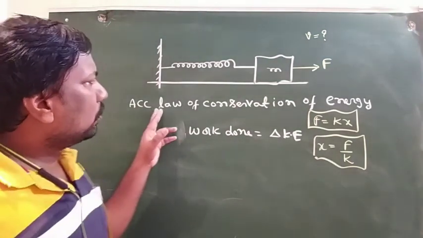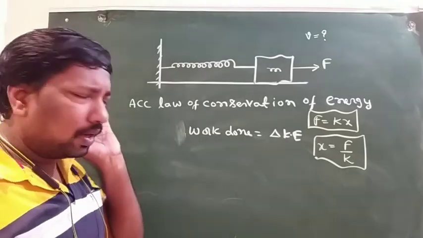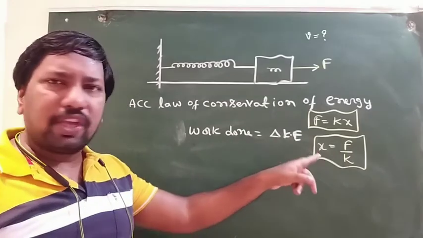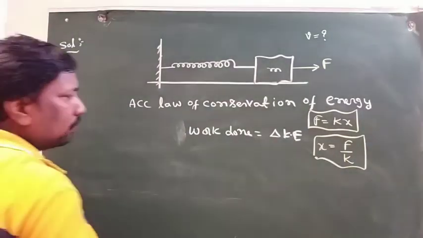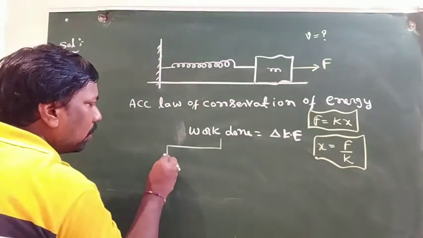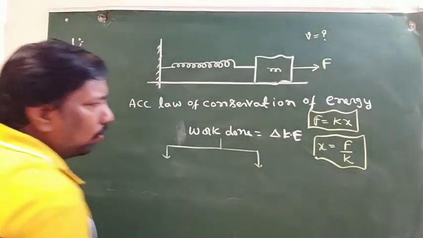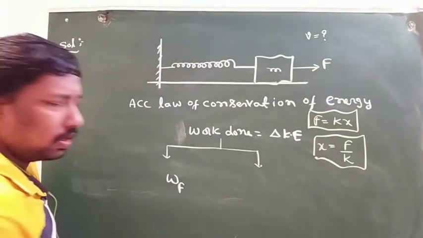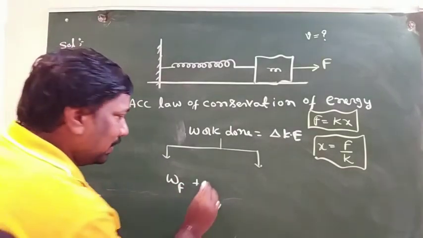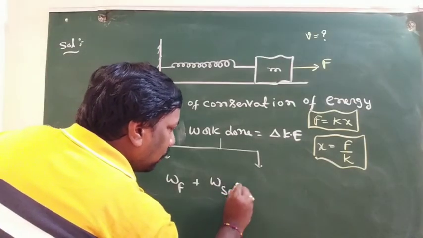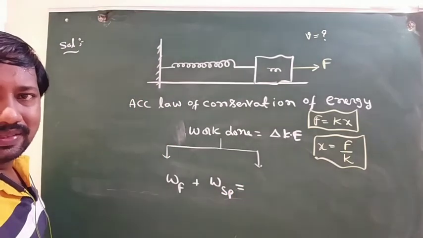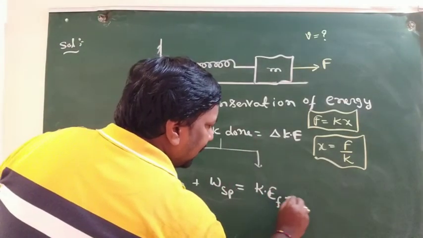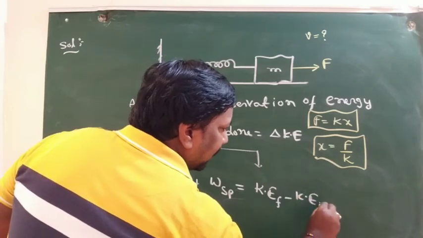In this situation there are two work dones: one is the work done by the constant force plus the other is the work done by the spring force, equal to the change in kinetic energy, that is final kinetic energy minus initial kinetic energy.